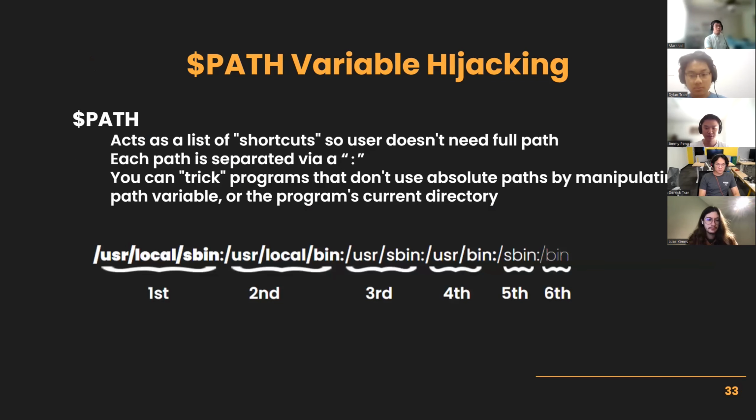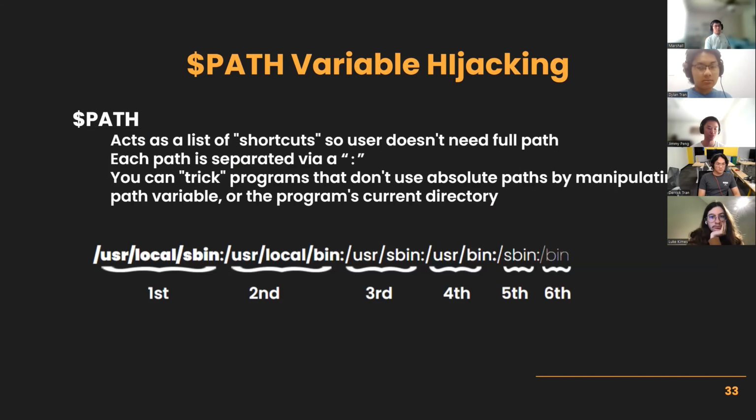So another thing we could do is modify the PATH variable. If we have sudo access or a file has an SUID to run as root, we could potentially modify the PATH variable to call our own commands instead of the ones in the file. How the PATH variable works is it's basically a list of directories to search through for defined binaries. In this example, we have the following directories.